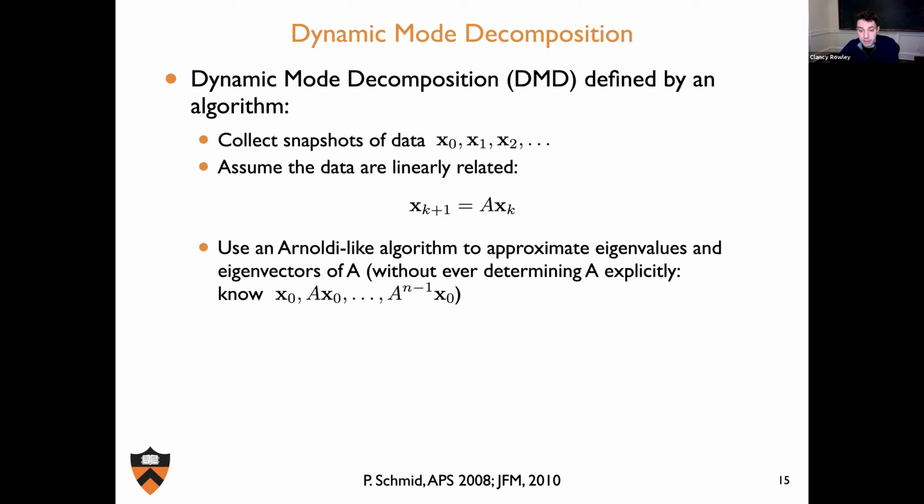So there's some matrix A that can take you from the state at time k to the state at time k plus 1. Then you can use a clever Arnoldi-like algorithm to approximate the eigenvalues and eigenvectors of this matrix A without ever computing the matrix explicitly. You just know x0, A times x0, which is x1, A squared times x0, which is x2, etc.